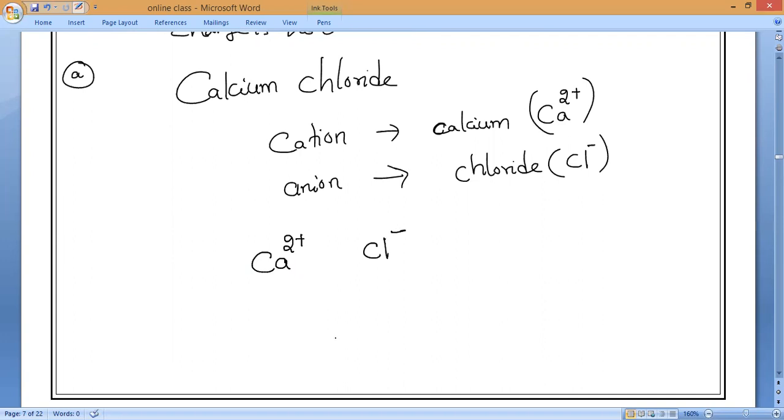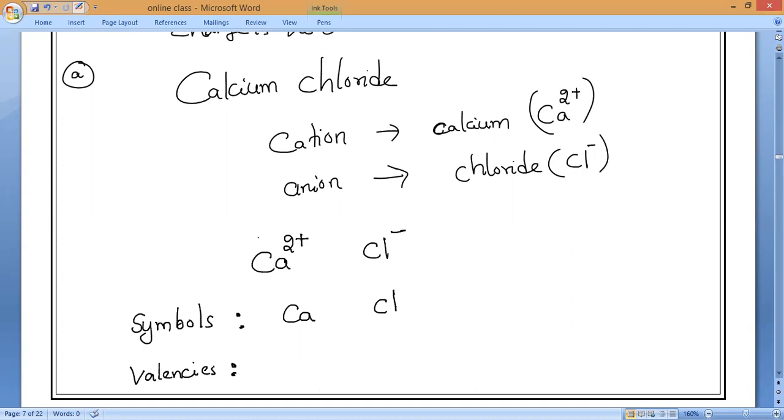Now, we have to write the symbols first. What are the symbols, guys? This is the ions, ions doesn't matter. Tell me the symbols. One is calcium, another one is chlorine. Okay. Next, valencies. How much? Forget about the charge.